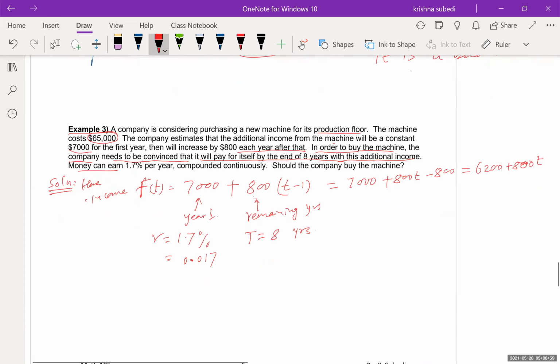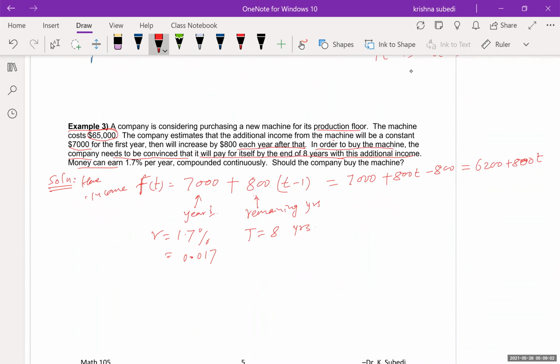Okay, now what is the present value? Remember that you need to look at this present value from two perspectives.